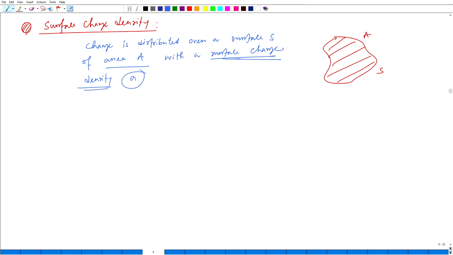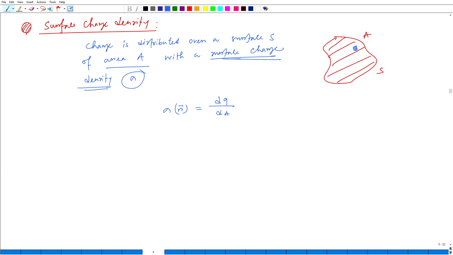So, in principle sigma is a function of r, that means it depends on the distance. In general, sigma as a function of the r vector is dq over dA. Again, dq is the charge on a small strip.